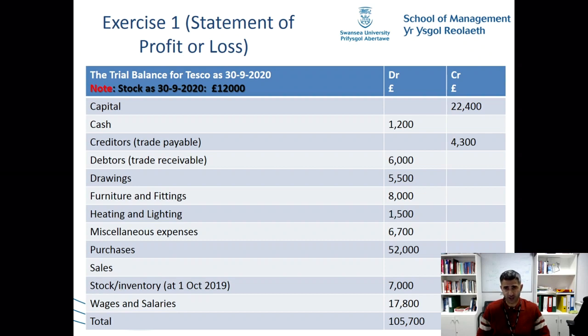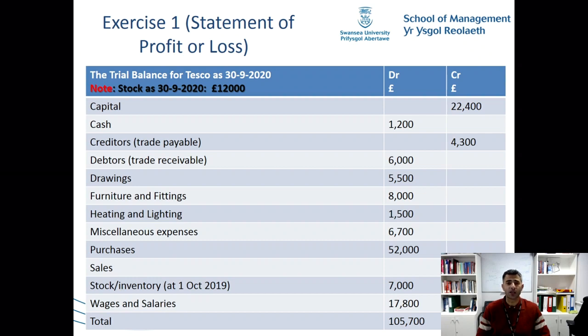And this is a trial balance right now in front of you. From the trial balance, we are going to prepare the statement of profit or loss and also the statement of financial position. When you prepare these, you do not use all the items for one statement, so you can use them for both statements.